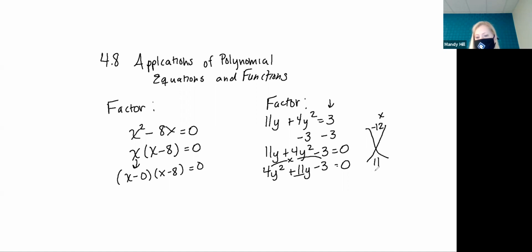So 2 numbers that multiply to -12 but add to 11. Well, you could come up with lots of things that multiply to -12, but I do know that 12 times -1 is -12. And if I do 12 plus -1, I get 11. So that's the combination that works.